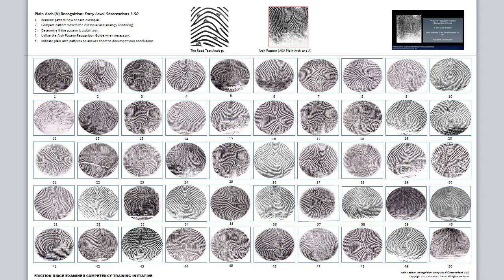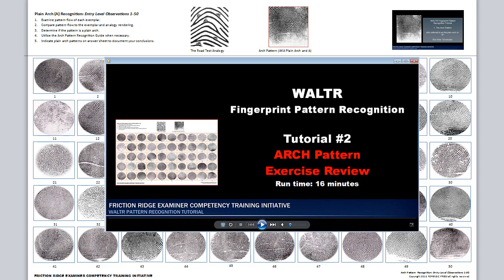You will mark an A on top of the pattern that you recognize to be a plain arch. When that is all done, and before you proceed with the next pattern, you will watch another video and I will explain which of the patterns below are plain arches before you proceed.